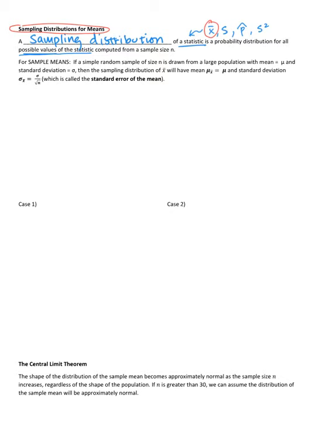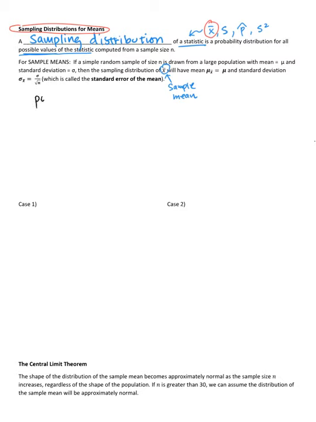For sample means, if a simple random sample of size n is drawn from a large population with mean mu and standard deviation sigma, then the sampling distribution of X bar, the sample mean, will have mean mu sub X bar equals mu, and the standard deviation sigma sub X bar equals sigma over square root of n, which is called the standard error of the mean.